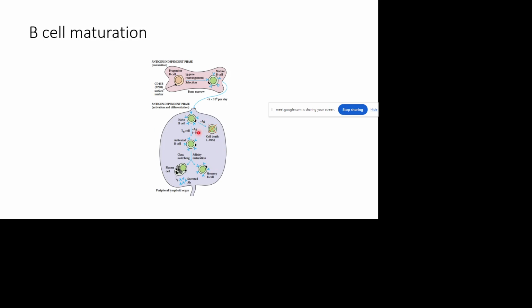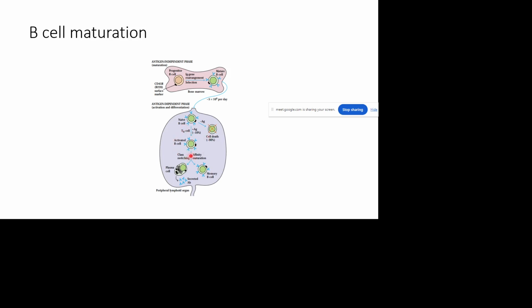As you know from the previous sessions, the helper T cell gets activated upon antigenic stimulation and it activates the B cell, right? So this antigen and Th cell activate the B cell. The naive B cell will be converted into the activated B cell, and the B cells which do not encounter antigen will be negatively selected and die, right?